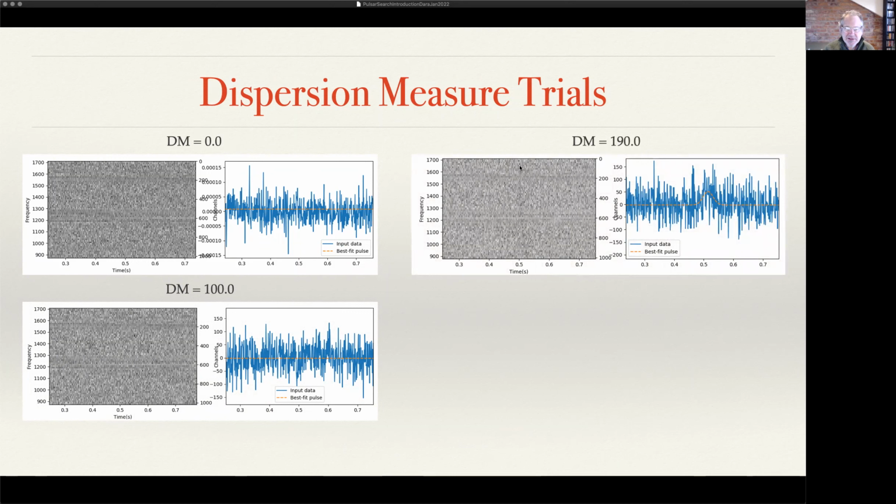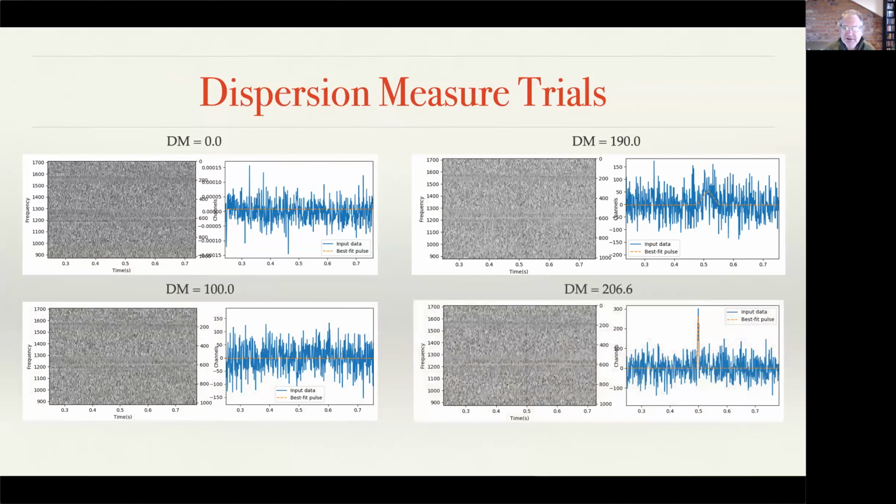We're starting to see a hint of gray down here, darker gray down here, but there's still a bit of a slope to it. So it's still got a bit of a curvature to it. And you can start to see that there's a bit of a rise in the intensity in this location as well. So we're probably getting close to the correct dispersion measure for this source.